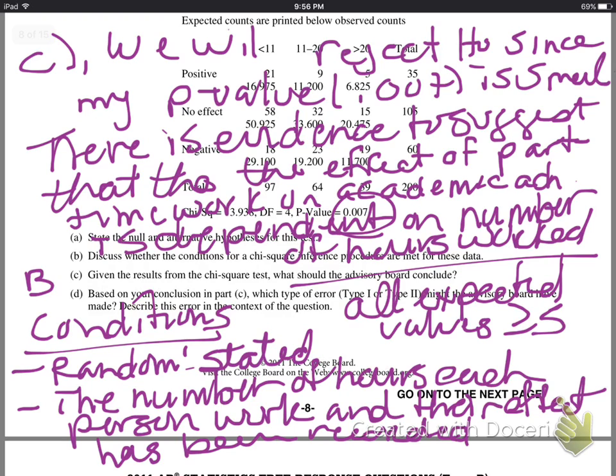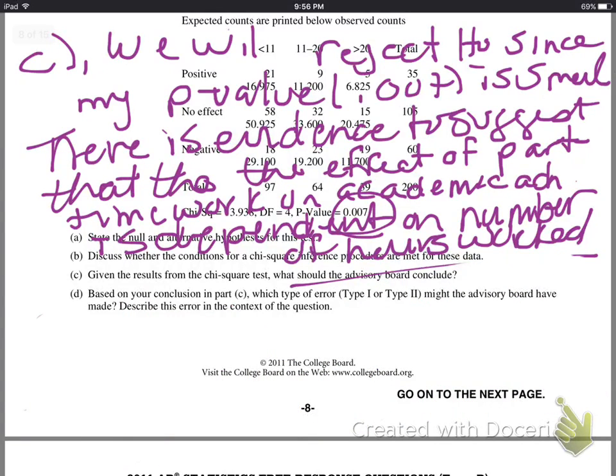All right, so let's go to D. Okay, based on your conclusion, which type of error, type 1 or type 2, might the advisory have made? Describe the error in the context of your question. So because we rejected the H0, a type 1 error might be made.